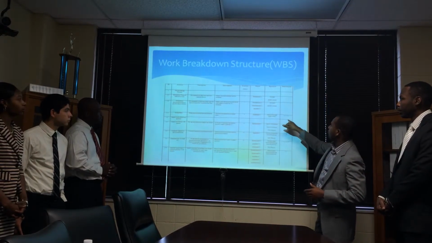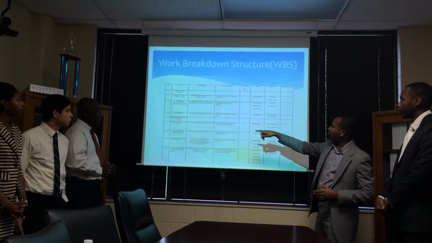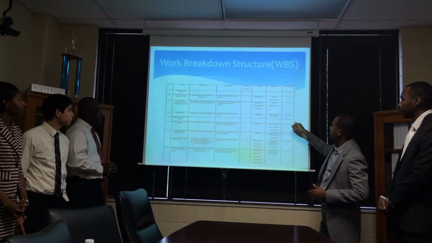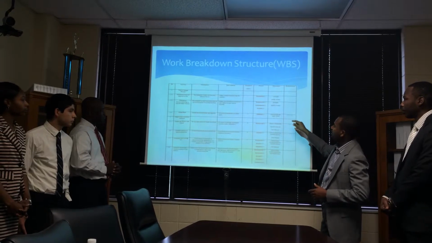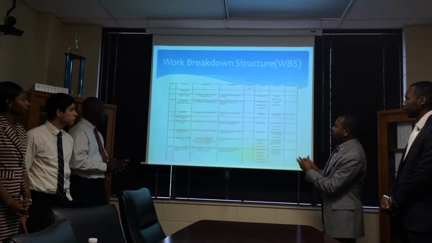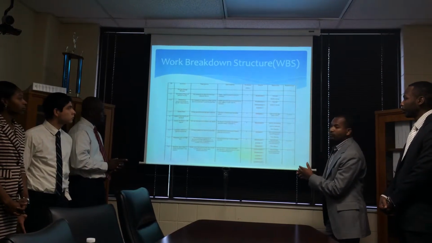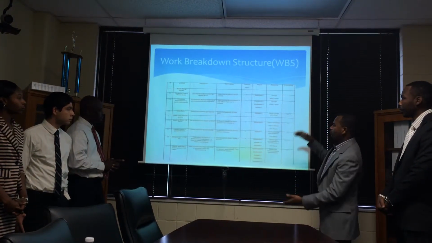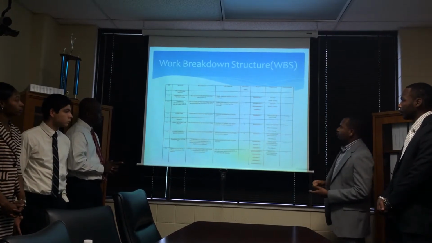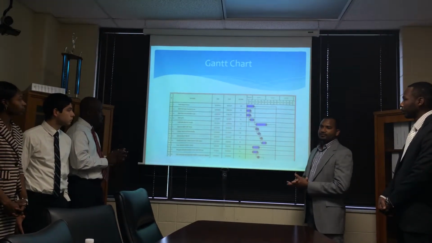As you can see here, activity 1.3 depends on activity 1.1 and 1.2. That means this activity cannot be done if those activities are not completed. This overview of the work breakdown, we have it on page 10 if you want to look for the complete WBS. So next we move to the Gantt chart.